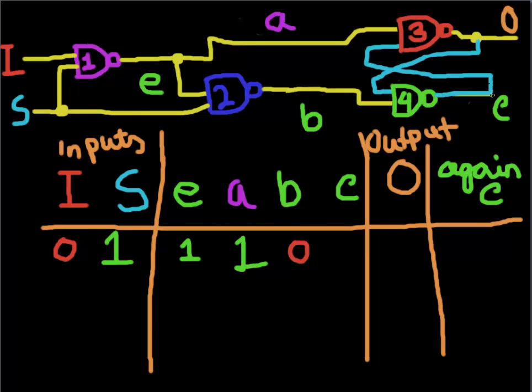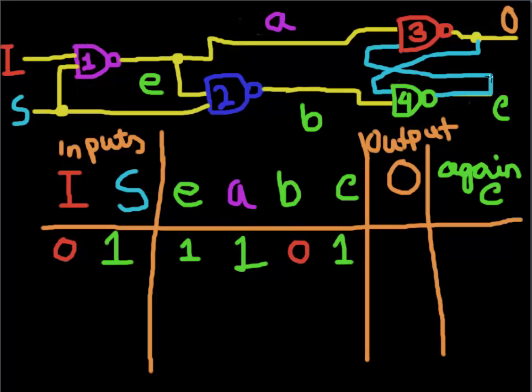If B is 0, then C will be 1 because it's a NAND gate, so it will produce a 1 if any of the inputs are off. So as B is off, C will be on, C will be 1.